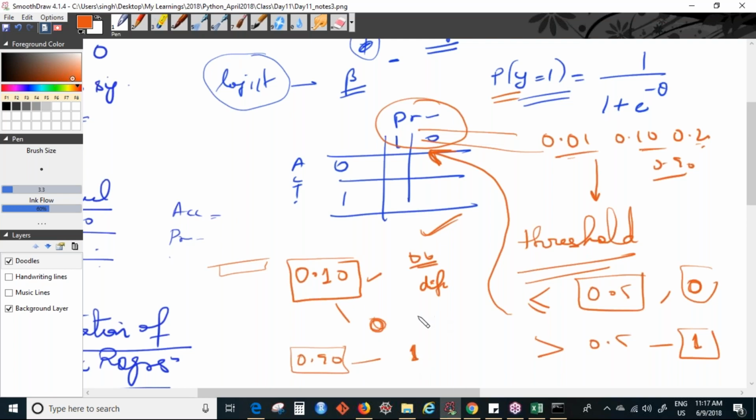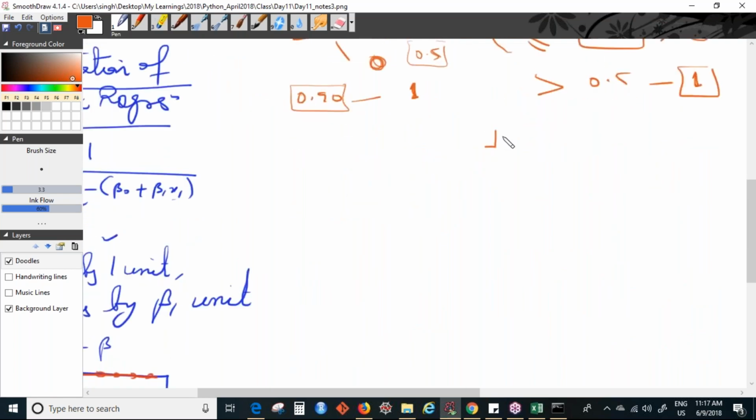So how did you do that? You had a threshold of, let's say, 0.5. So whatever was below 0.5, you said he is 0. Whatever is above 0.5, you say he is 1. So this is how you convert your probabilities to ones and zeros. Tomorrow we will see another phenomenon where we use a ROC curve to do that.